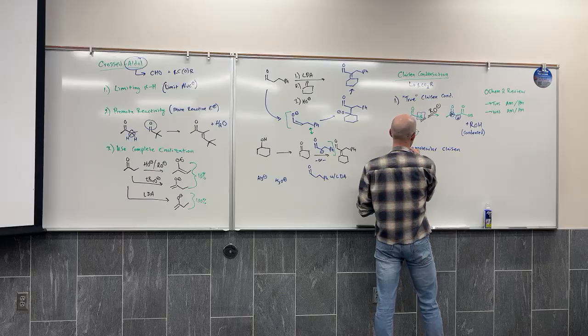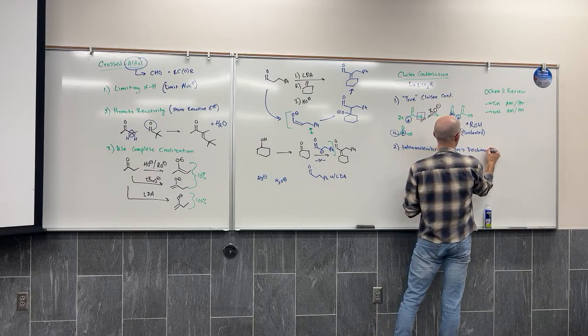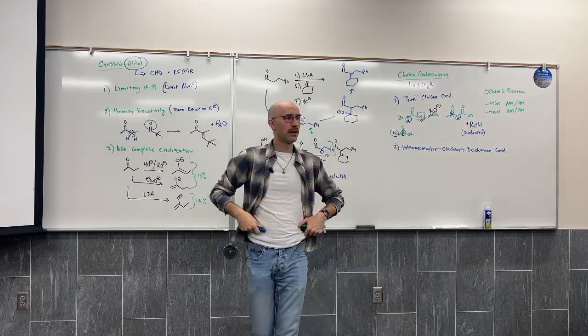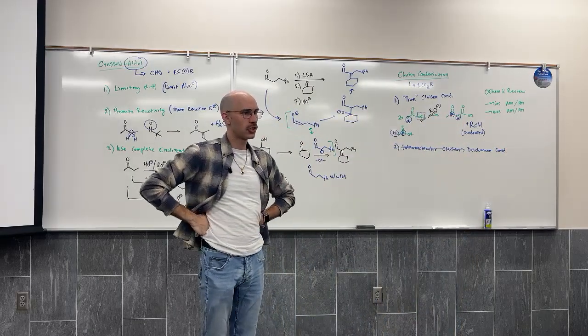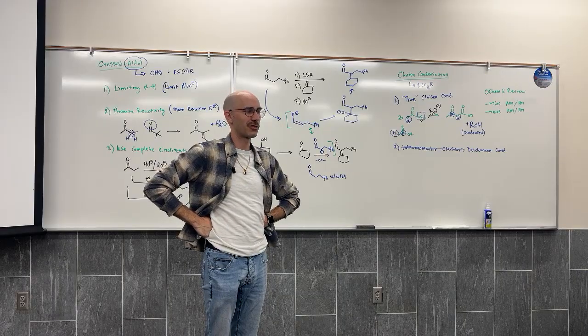All right, and then we have this intramolecular Claisen condensation, which is called a Dieckmann condensation, which I think is a shame because it should just be called the Claisen condensation intramolecular.